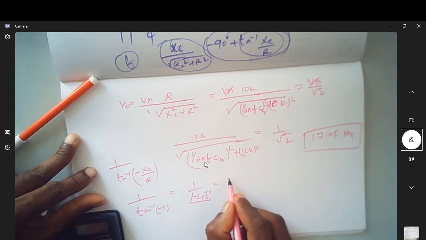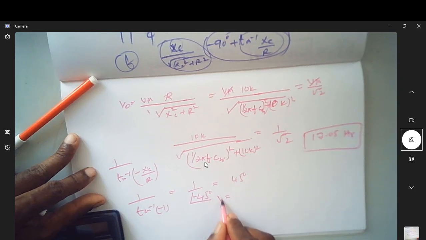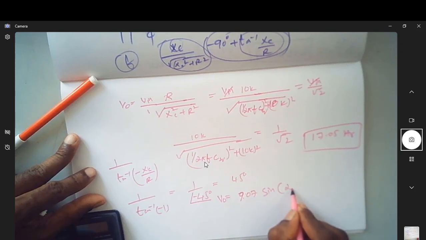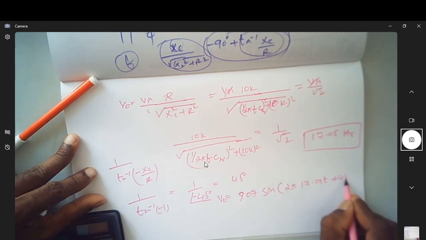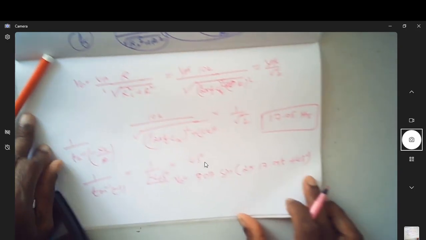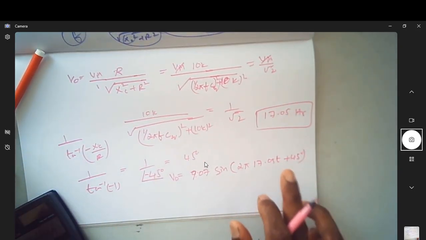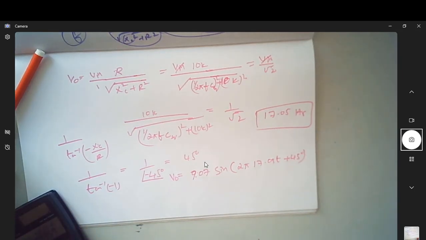If it goes above, it will become 45 degree plus. So V naught is 7.07 sine of 2 pi into 17.05 into t plus 45 degree. So this has a phase lead of 45 degree. The output is coming earlier than the input. That's what we call phase lead.